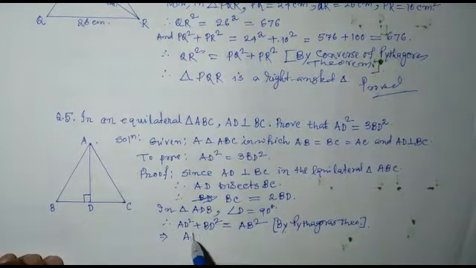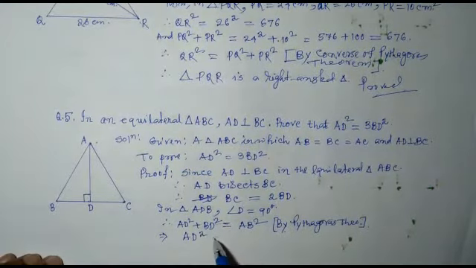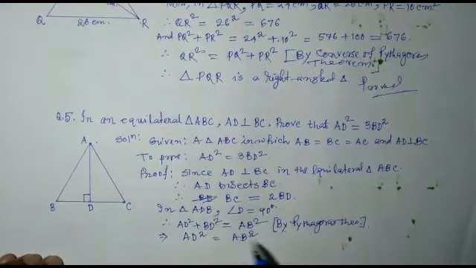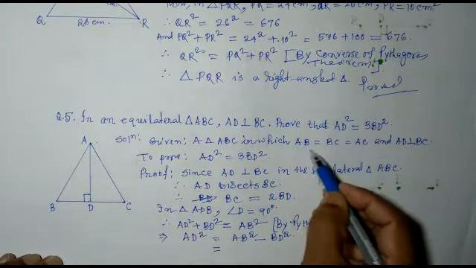Now we can write AD square is equal to AB square, take this to the right side, it will be minus BD square. Now this is an equilateral triangle, so AB equal BC.